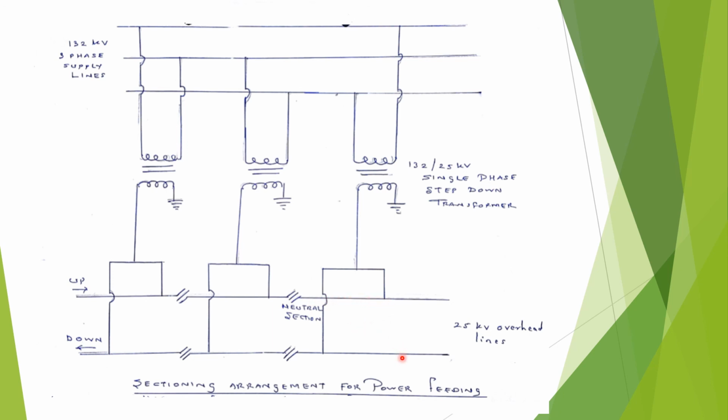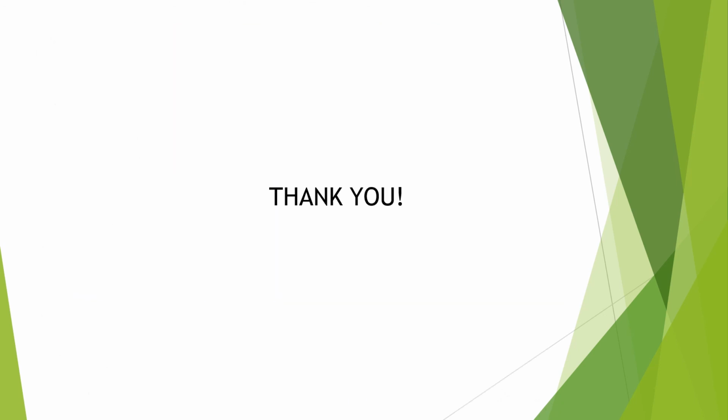So that is the explanation for the three-phase supply system if it is used in the overhead equipment. And you have the single-phase transformers, with 132 kV on the primary side and 25 kV on the secondary side, and we are showing the 25 kV overhead lines for the up track and the down track.